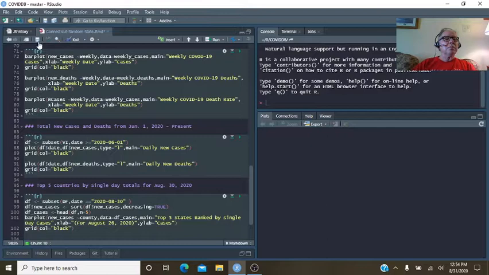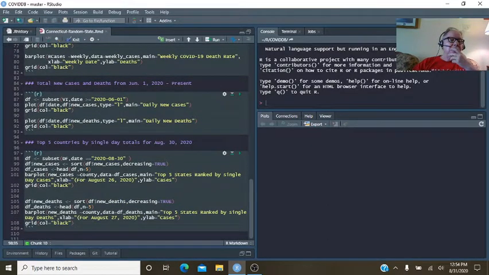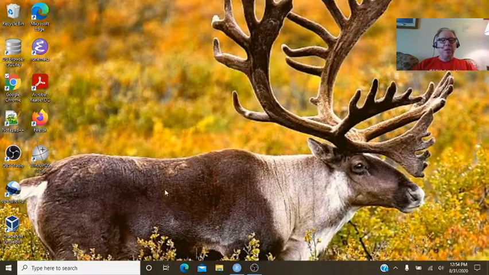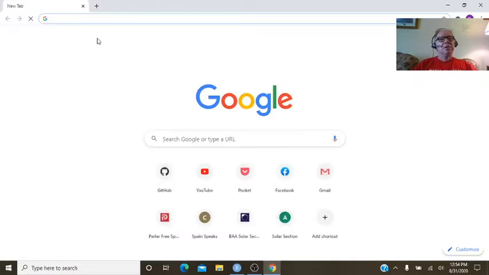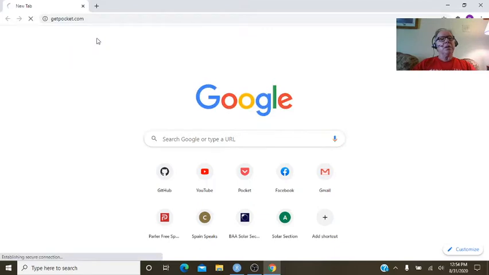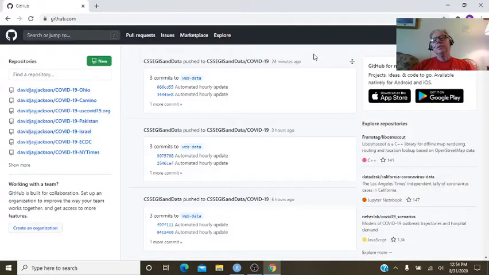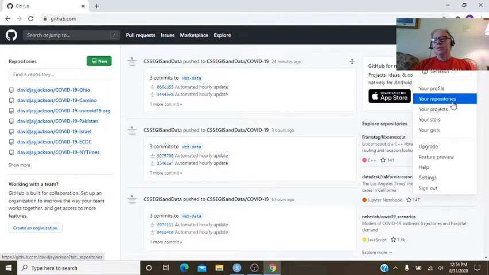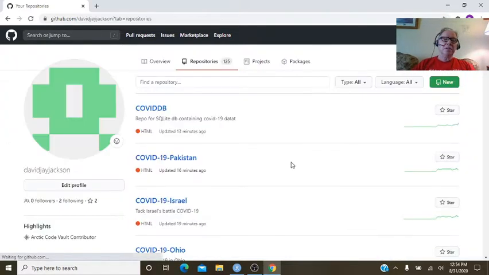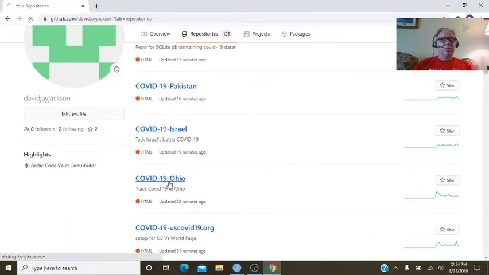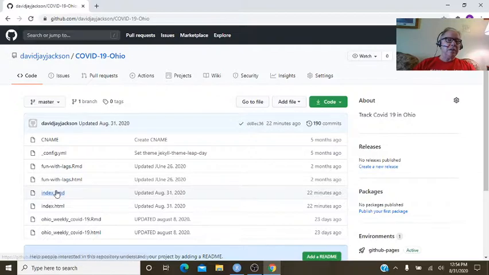Okay, and we need to change this to orders. Let's come back up here. GitHub repositories, not to be confused with a suppository. Note that Ohio has this in there.